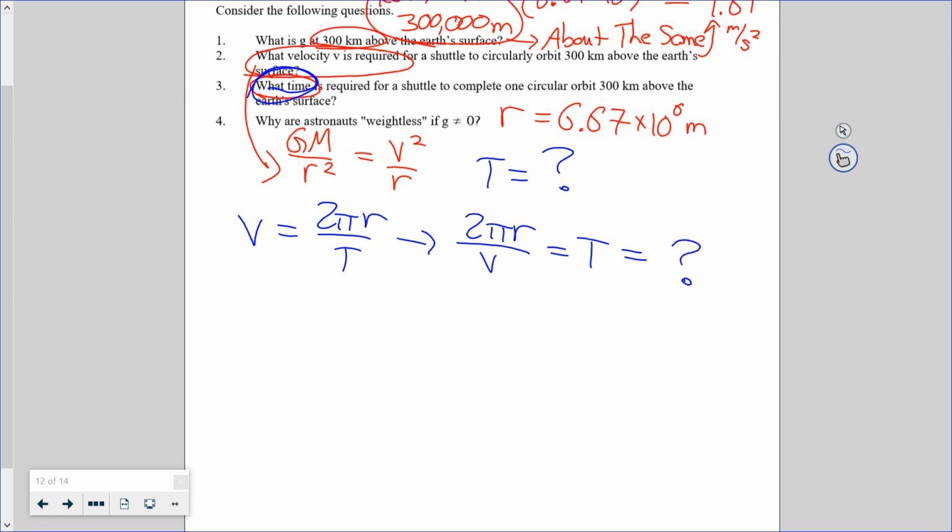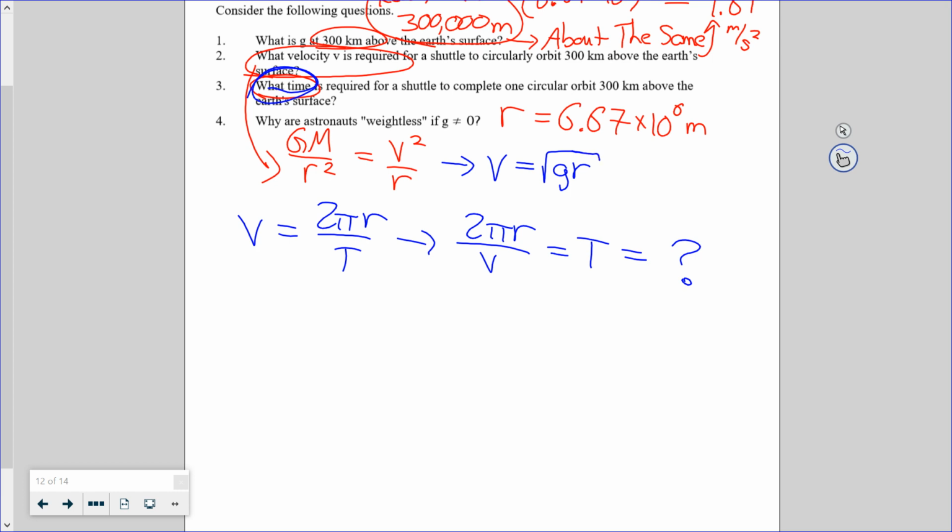Wait, wait. Mass of the Earth, gravitational constant, those are just constants? Couldn't I just solve this? Little v equals, if I believe in little g at that altitude, it's probably a little different.